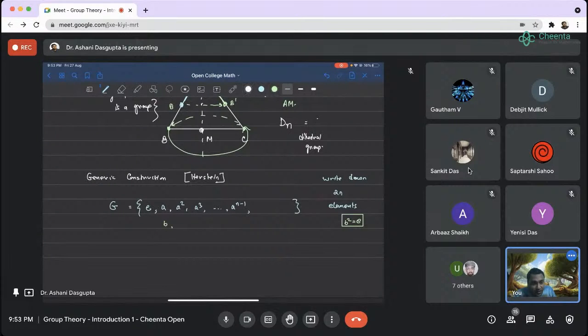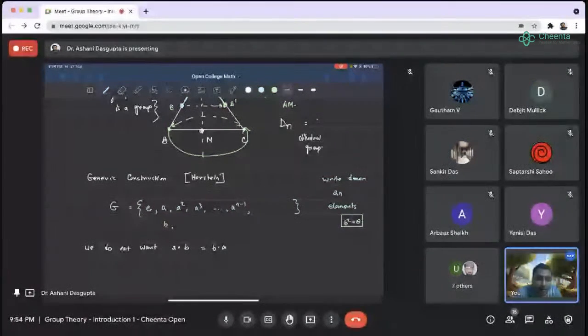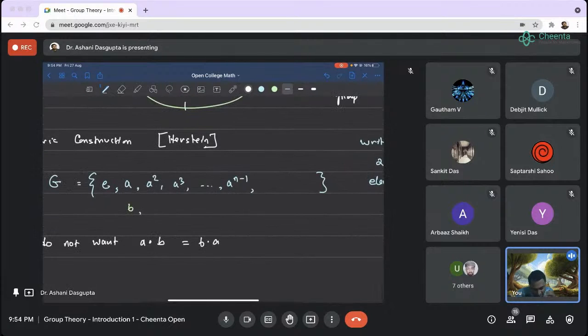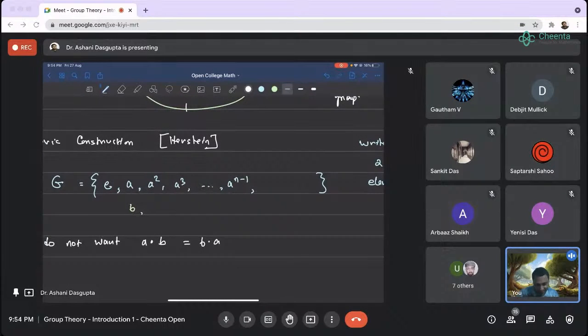We do not want ab equals ba. Why do we not want this? Because if this happens, then this becomes identity.